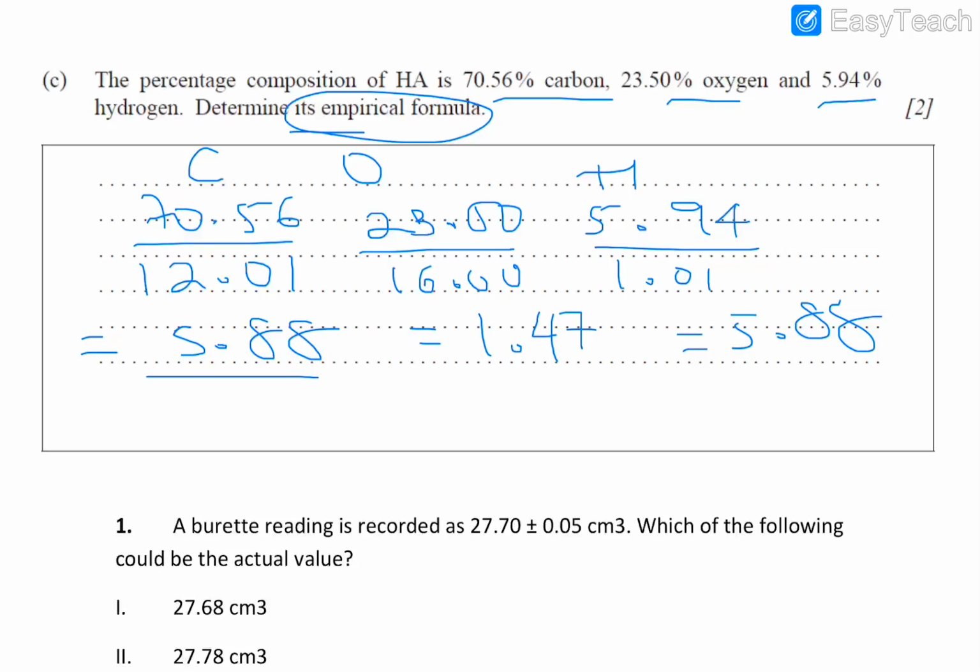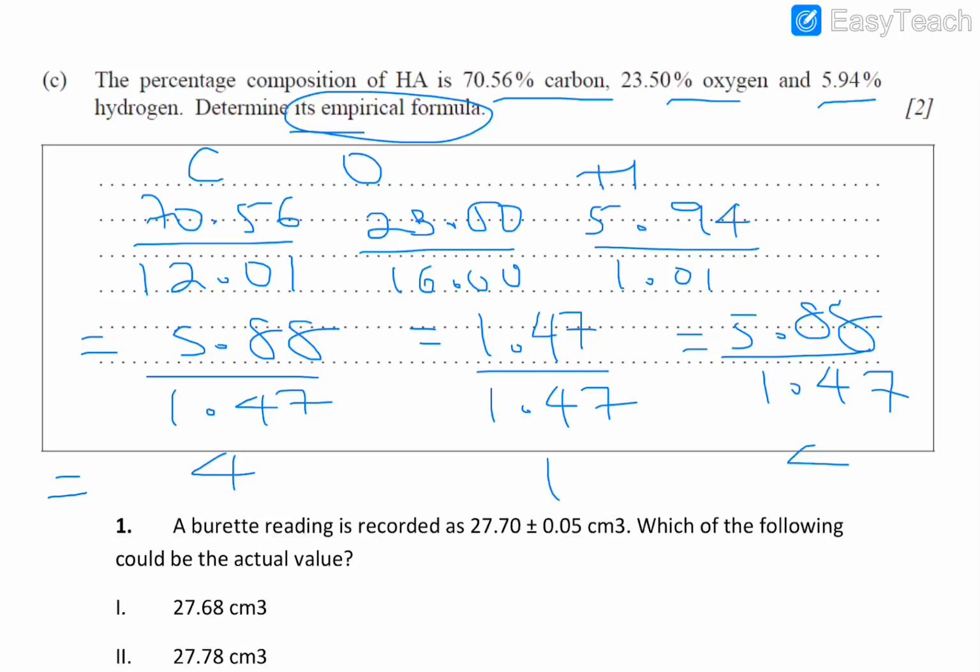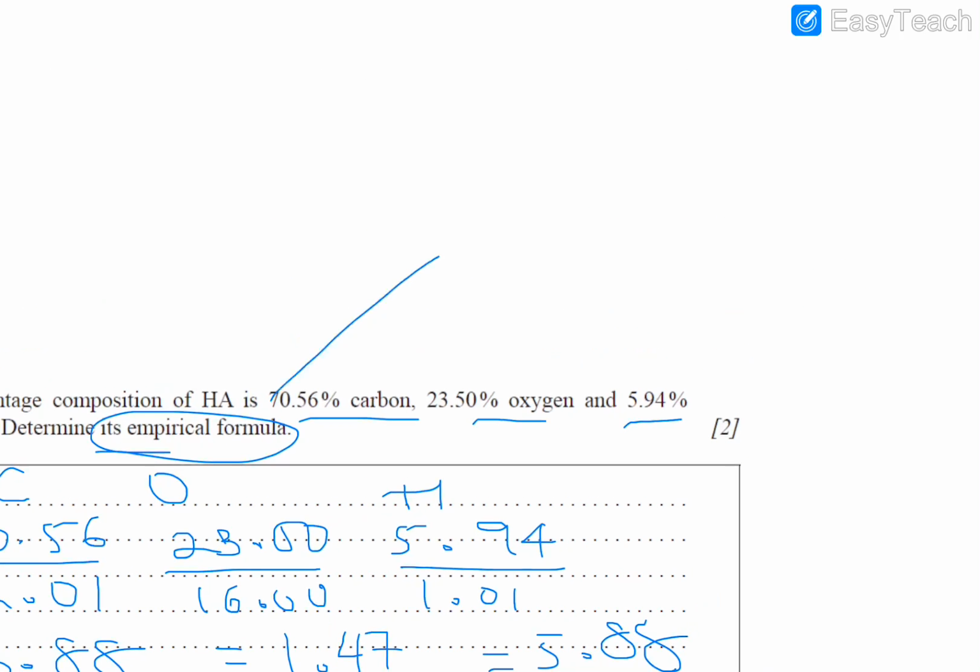Divide by the smallest. So that gives me 4, 1, and 4. So then empirical formula C4H4O1. We're not going to write the 1.